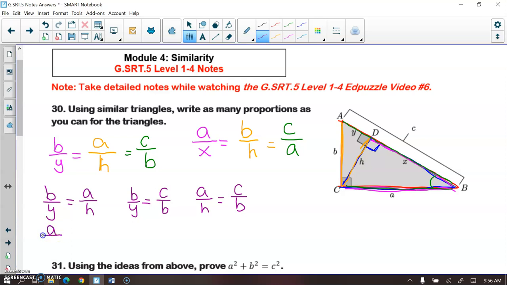I can write A over X is equal to B over H. I can write A over X is equal to C over A. And I can write B over H is equal to C over A.